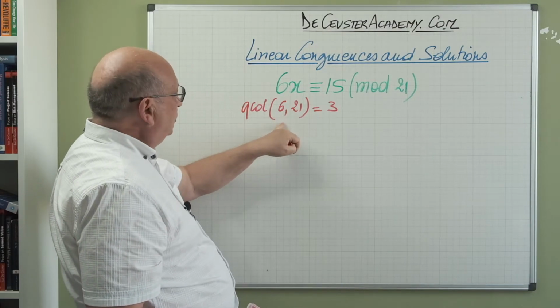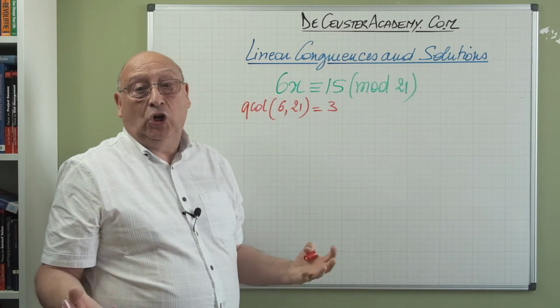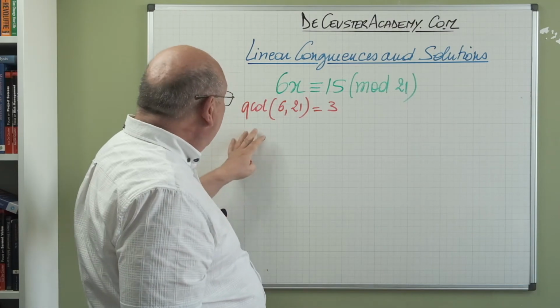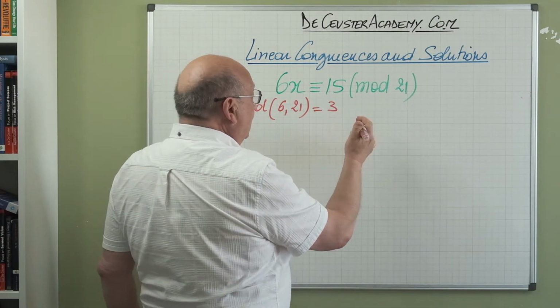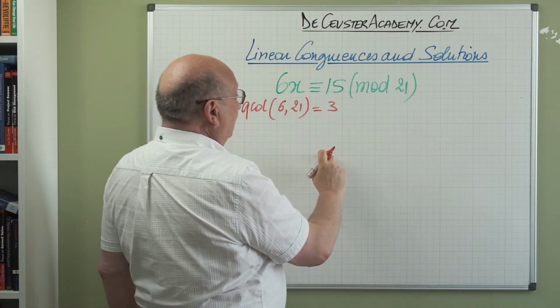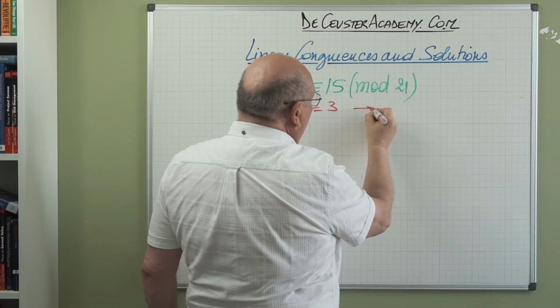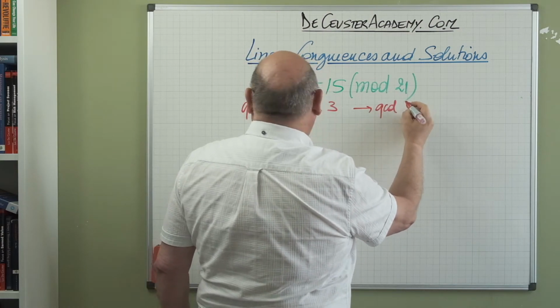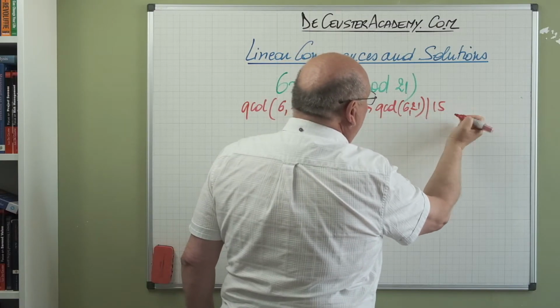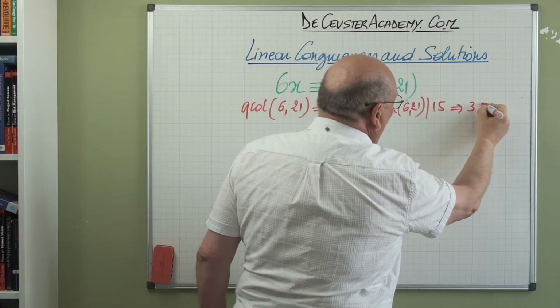We have 2 times 3, 7 times 3, so that's the greatest common divisor of both of them. There are solutions only when the GCD divides 15, and the GCD of 6 and 21 divides 15.